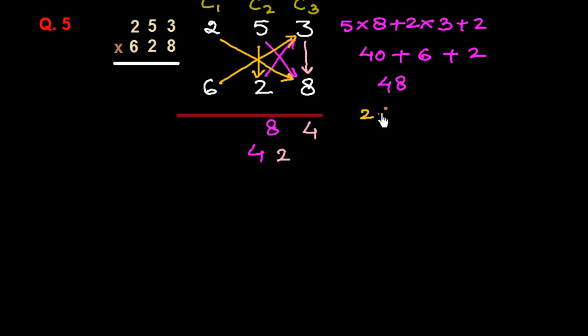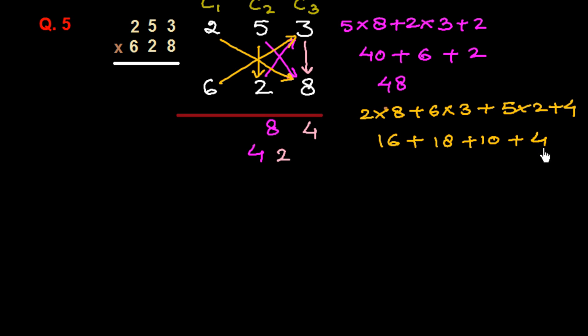So we multiply 2 with 8 plus 6 with 3 plus 5 with 2 and add up these 4. We are adding this 4 here. So 2 8 times 16, 6 3 times 18, 5 2 times 10 plus 4. So we have 16 plus 18, it is 34, 44, it is 48 now. So we have 48, so I write down here 8 and 4 carry.